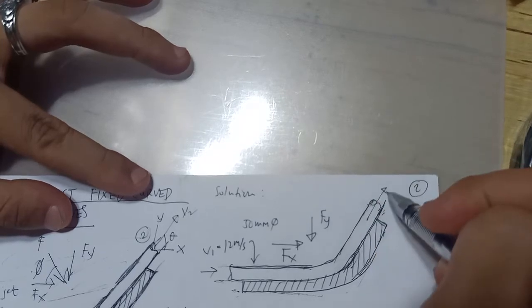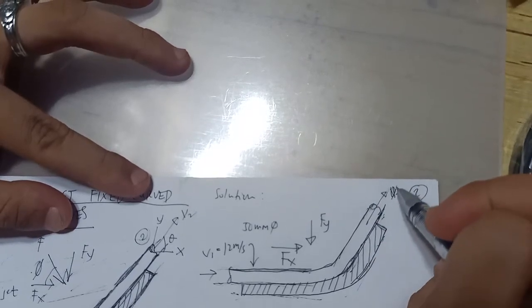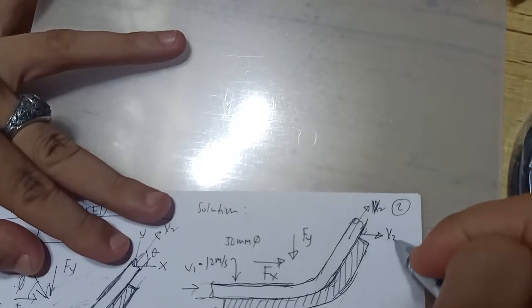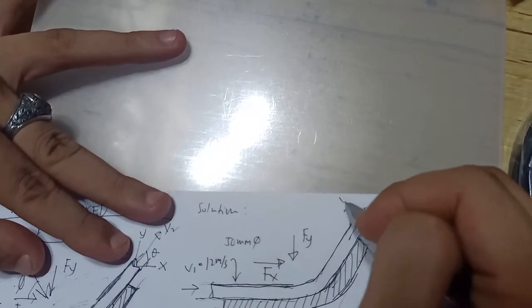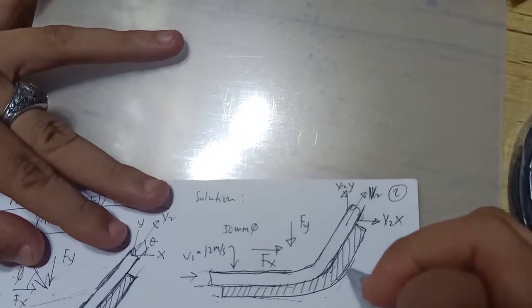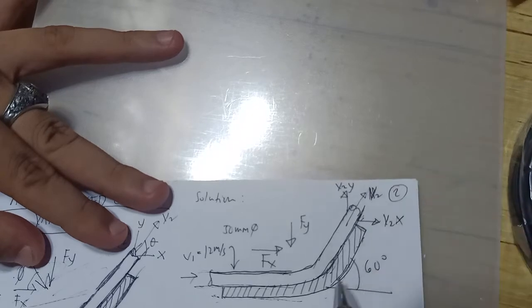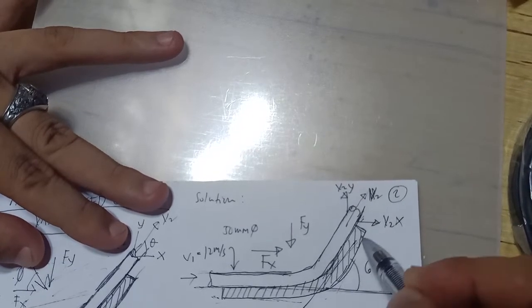And the second velocity, or final velocity, here is v sub 2x, here v sub 2y, and this is the 60 degrees.